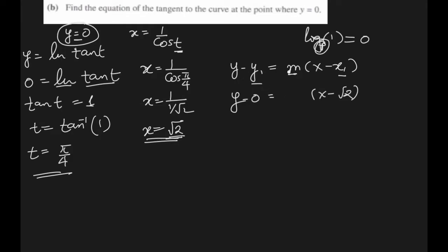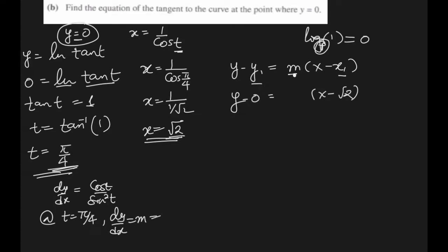Now m is the gradient, and gradient is nothing but dy over dx, and we got dy over dx equal to cos t over sine square t in the previous part A. So at t equal to pi by 4, at that point, we will find dy over dx, which is m in this case. m is cos pi by 4 over sine square pi by 4.